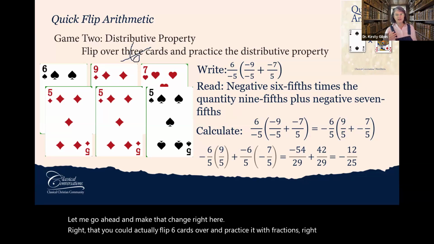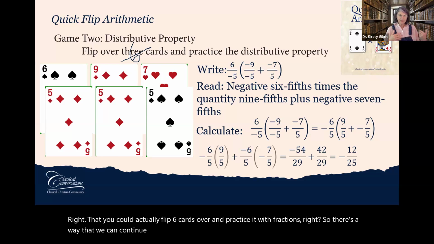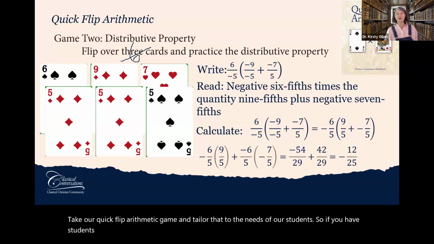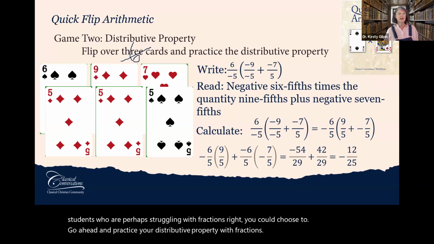So there's a way that we can continue to take our quick flip arithmetic game and tailor that to the needs of our students. So if you have students who are perhaps struggling with fractions, right, you could choose to go ahead and practice your distributive property with fractions. So that's what I did here.